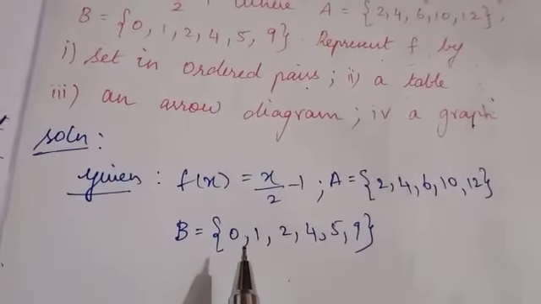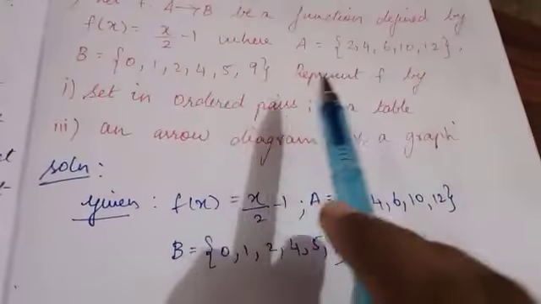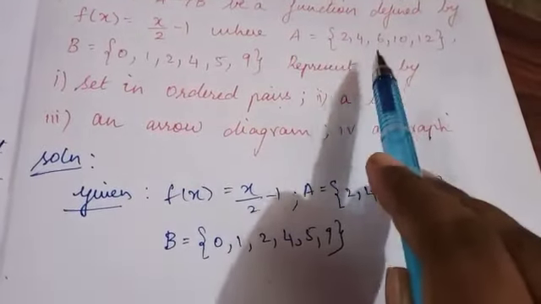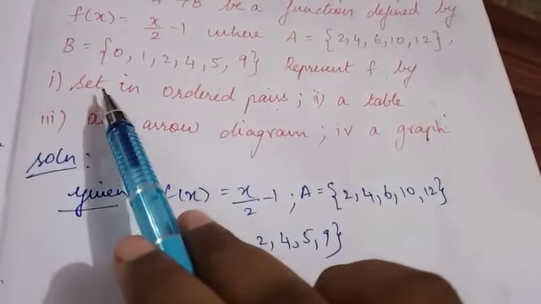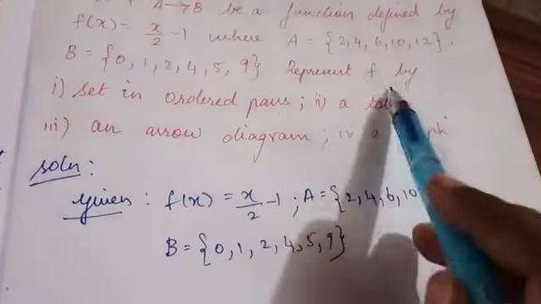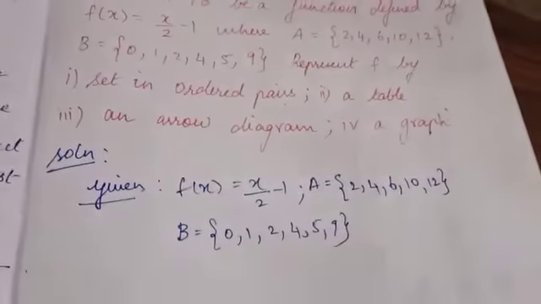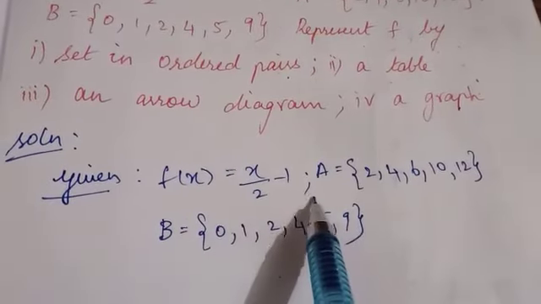So now, before representing the function as ordered pairs, a table, an arrow diagram, and a graph, we have to find this f, right? So how are we going to find this f? Using this function.